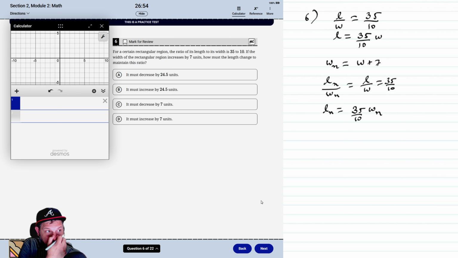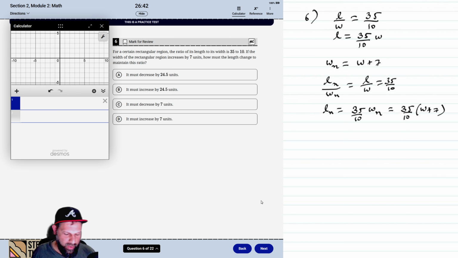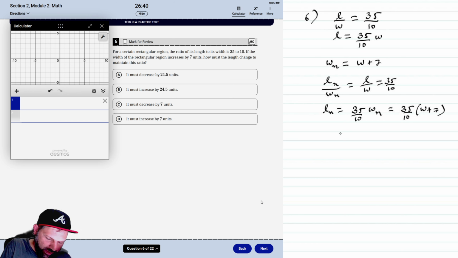Okay, so again, Ln has to be the same as 35 over 10 Wn, which is going to equal 35 over 10 times (W + 7). Okay, we bring in the original width that was given, and so this is going to be equal to 35 over 10 W plus 35 over 10 times 7.